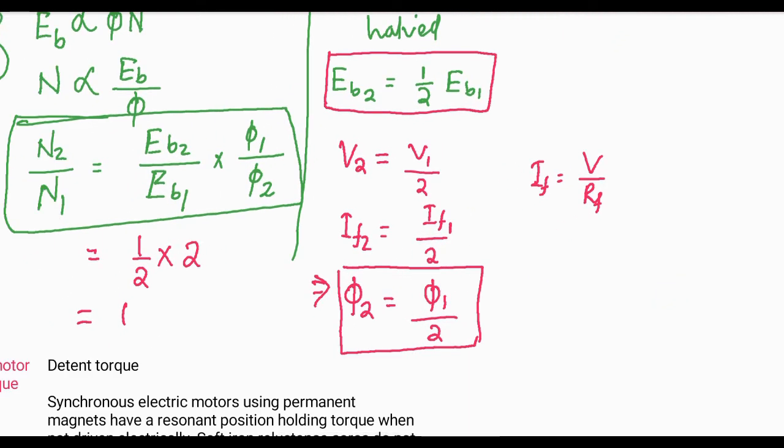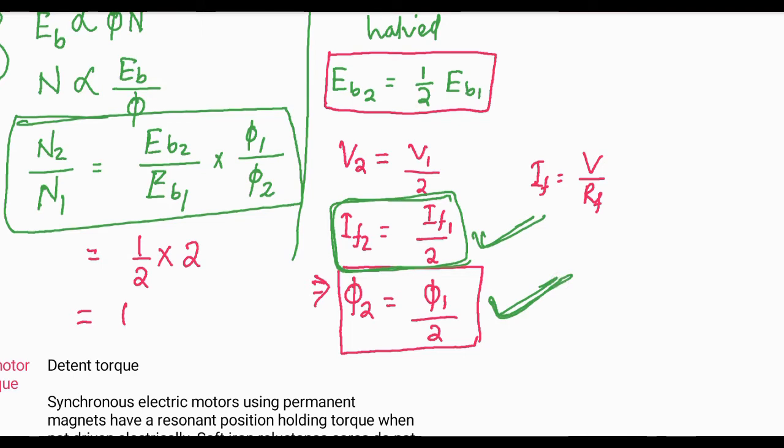V2 is equal to V1 by 2, and IF is equal to V by RF. So in the second condition, the field current IF2 will be half of the initial condition, and that is why the flux produced in the second condition will be halved.